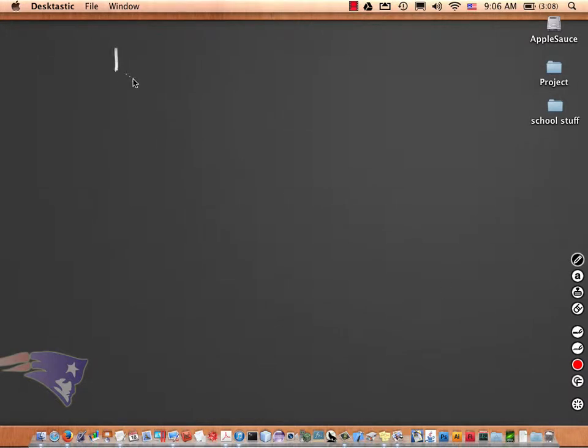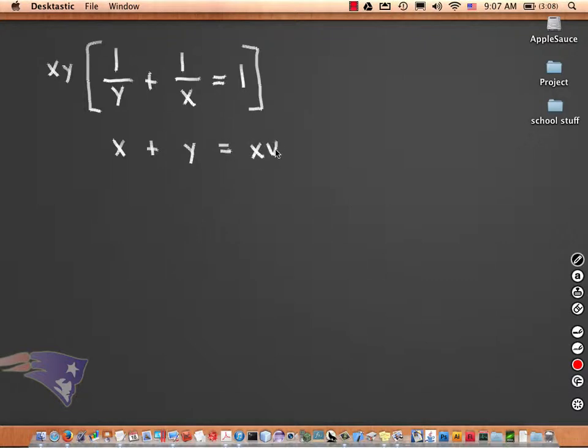Okay, now let's take that same 1 over y plus 1 over x equals 1. Let's solve that equation now for y. So what I'm going to do is take the equation here and multiply by xy. And that gives me x plus y equals xy.